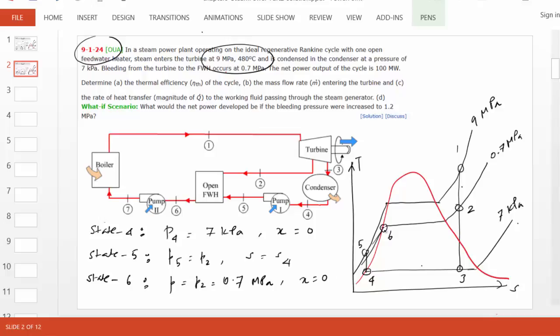In other words, how do you make sure that there is no vapor left here? The answer is that the bleeding rate B dot is controlled so that state 6 is the desired state. As a matter of fact, that is the condition that will allow us to determine B dot as we keep on analyzing this problem.